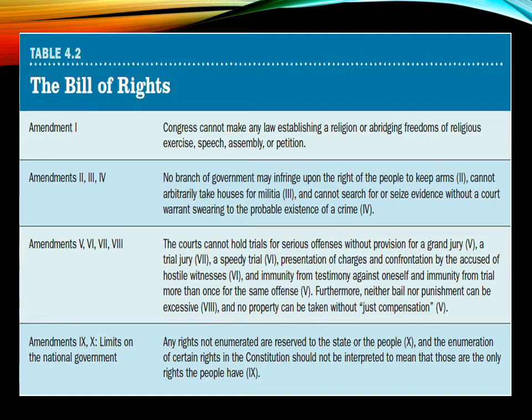And then the 10th and the 9th Amendment are the amendments that limit the national government. We know what the 10th Amendment is from the last unit. The 10th Amendment is saying that any powers that are not granted to the national government are reserved for the states.